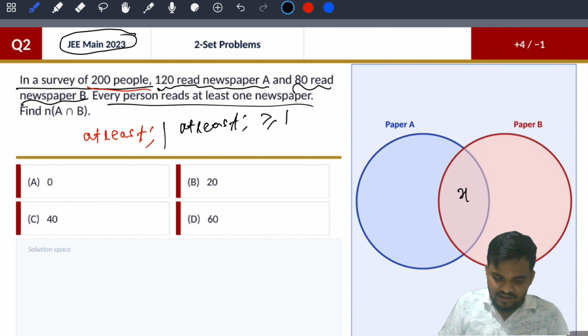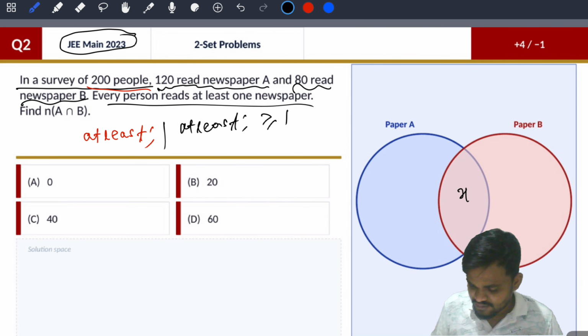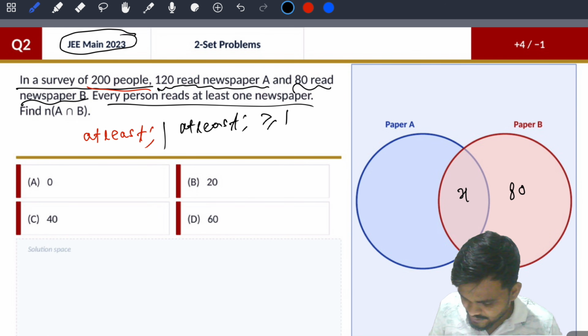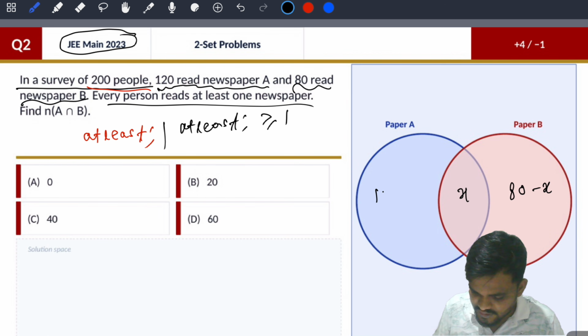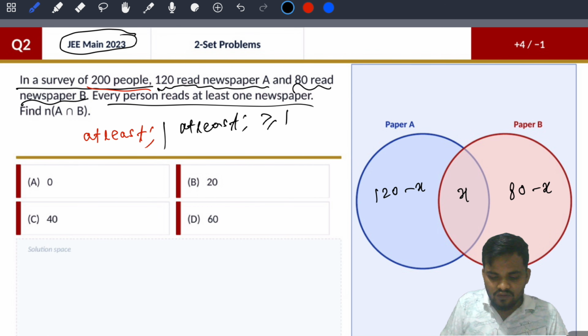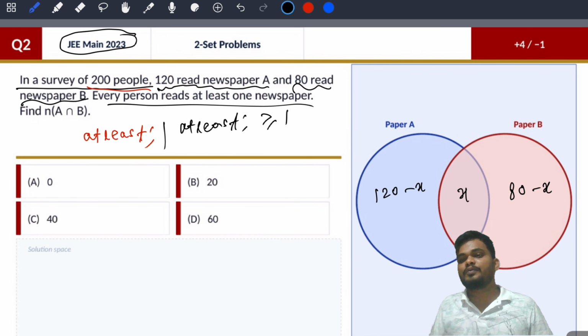Then 80 read newspaper B. So that means only B becomes 80 minus X. 120 read newspaper A. So only A becomes 120 minus X. Given out of 200 people, all the people read a newspaper.